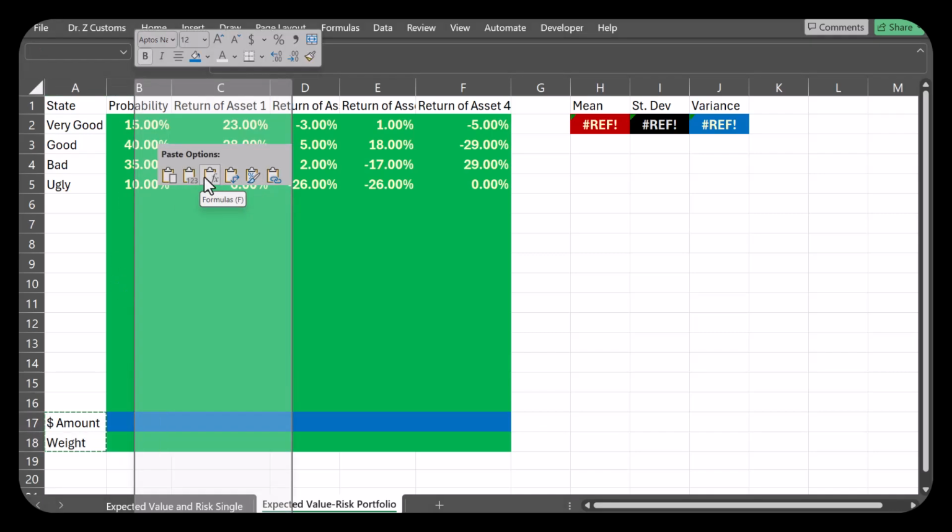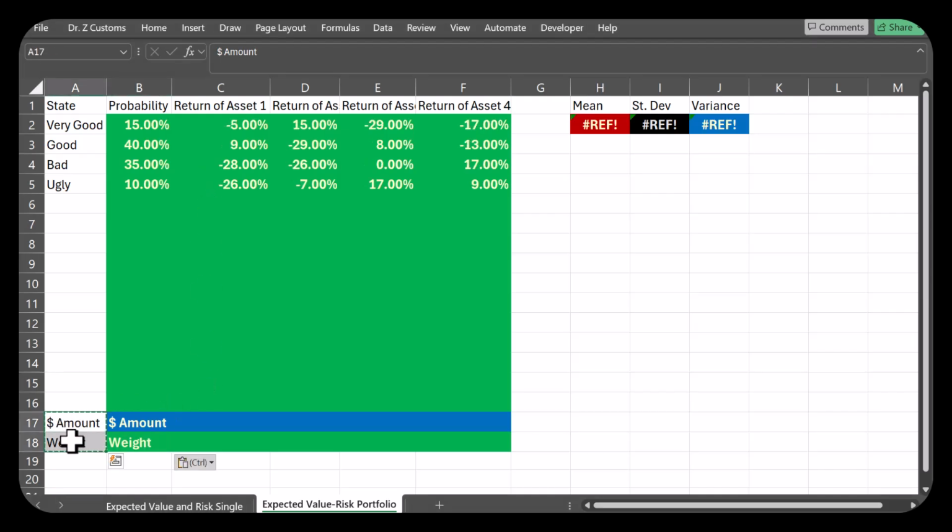Values. Suppose I have $3,000 on this one. These are obviously dollars.